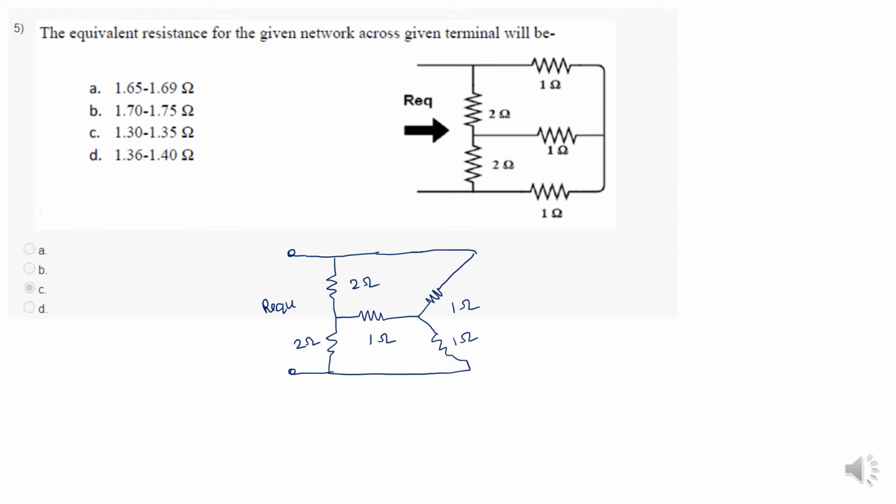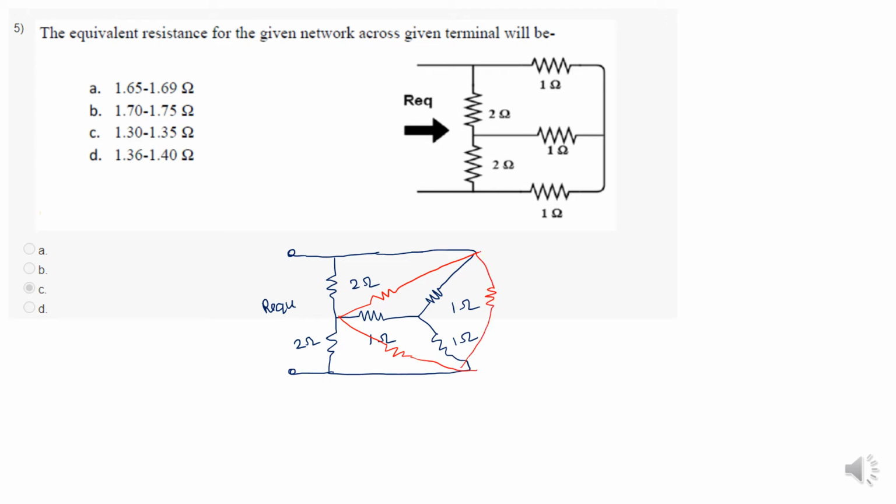Next, what I have to do, first of all, this star network is converted into equivalent delta. Okay, I am going to draw the equivalent delta above the star. Okay, this is the delta connection. Here I am going to find out the value for delta connection.